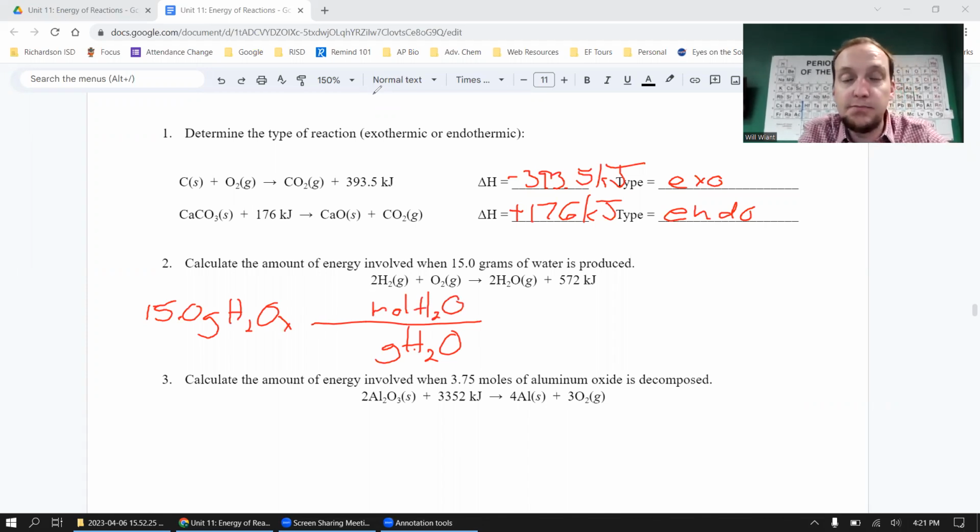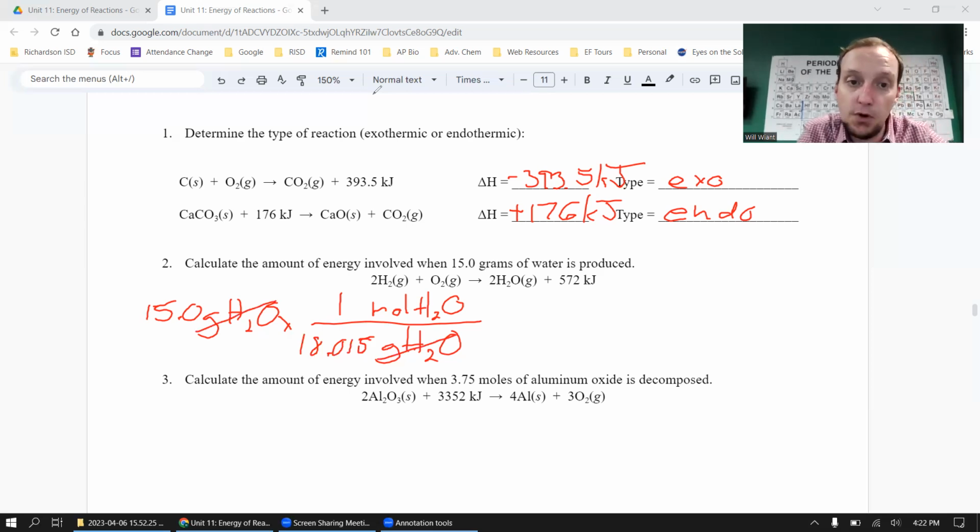As I told you guys many times before, the masses of every single compound are different, so we must always go through moles. So for every 1 mole of water, I'm going to calculate using the periodic table the molar mass of water, the mass of 2 hydrogens and 1 oxygen added together. That comes out to be 18.015. Now I'm going to cancel out my grams of water and grams of water.